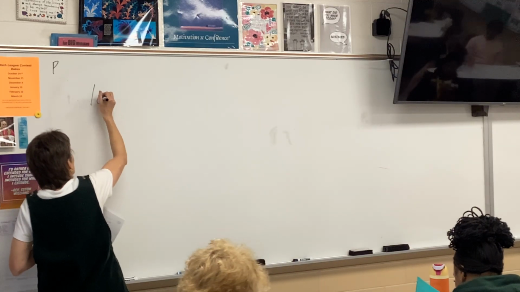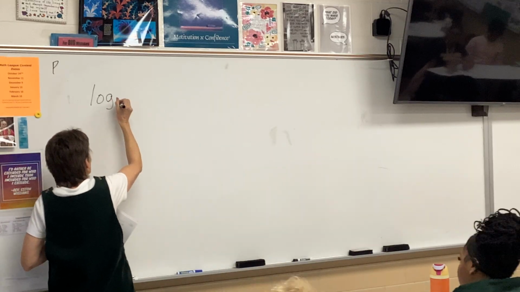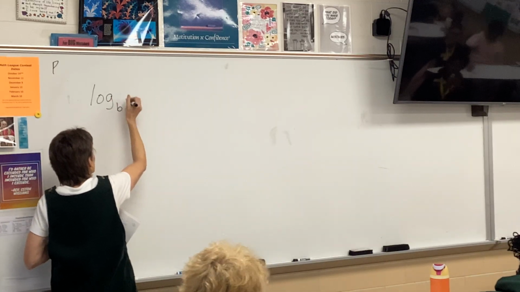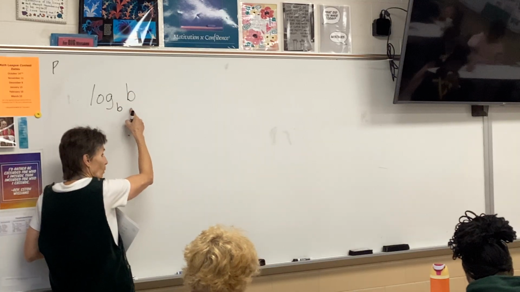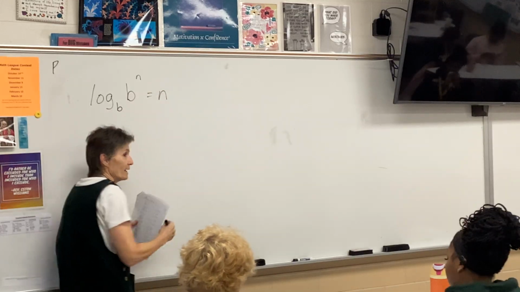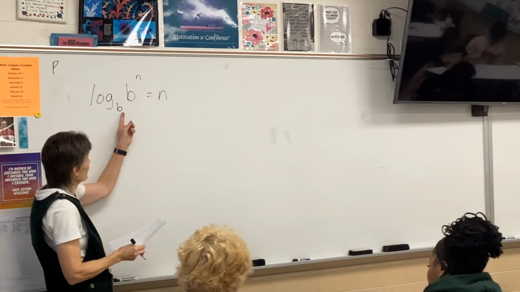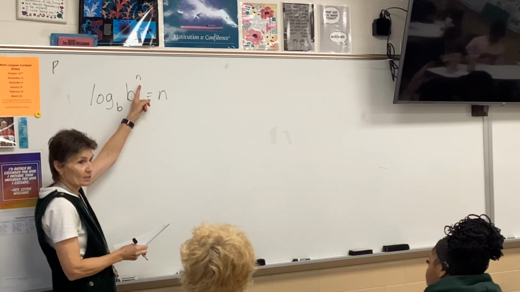First of all, if you have a problem that says log base b of b to the n, these are b's, as in boy, that will always be n. So if these two numbers match, the answer will just be whatever the exponent is.